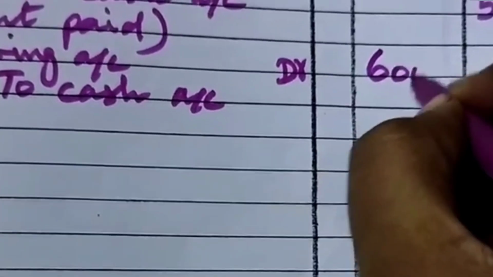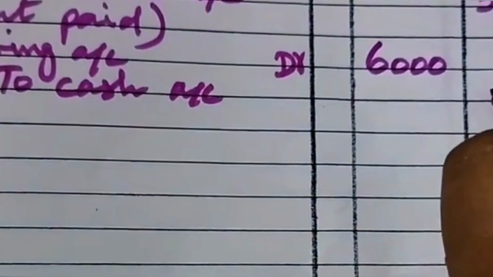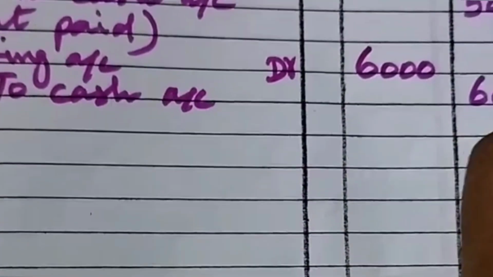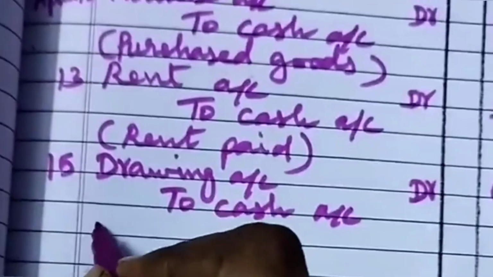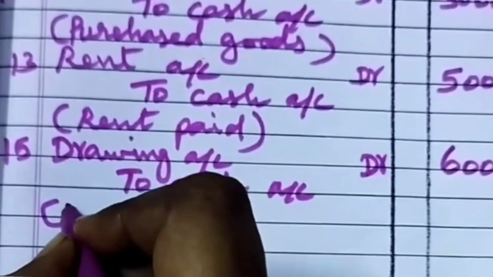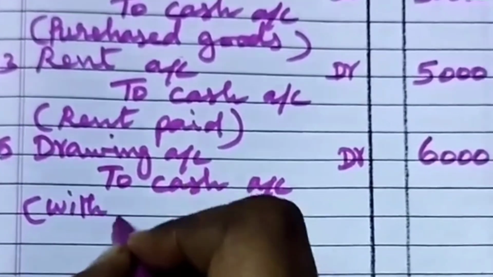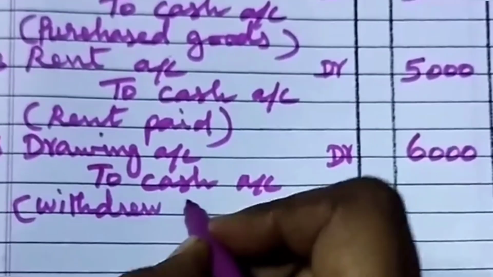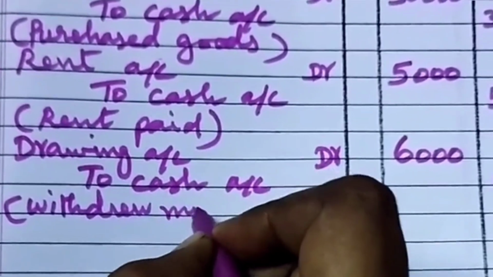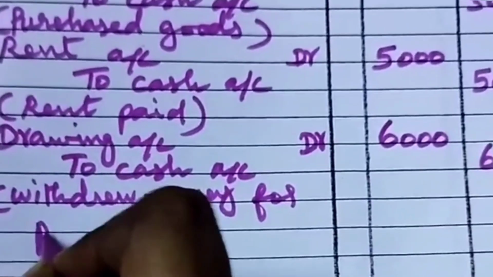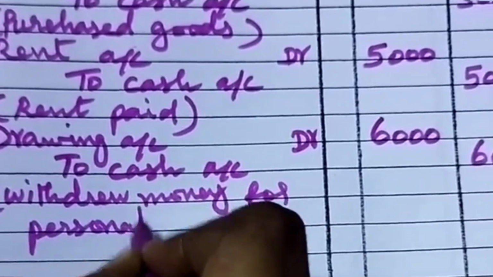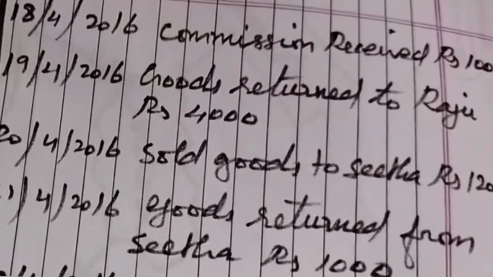So we have to write the 6,000 under debit as well as under the credit. Always debit should be equal to credit. Then we have to write the narration. Withdrew money for personal use. That's all. What is the next transaction?